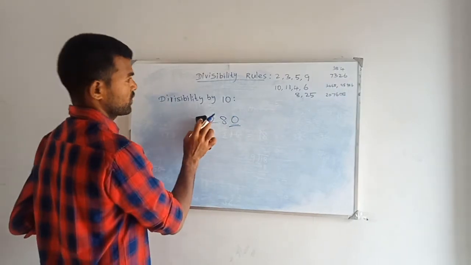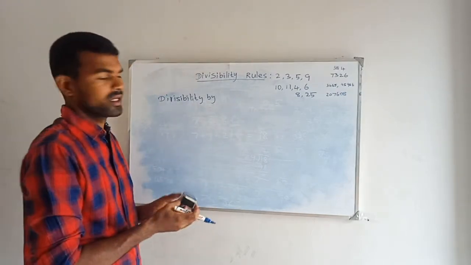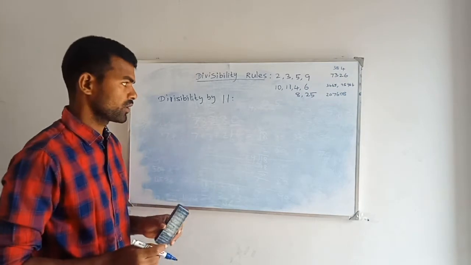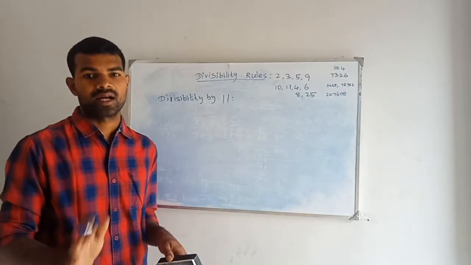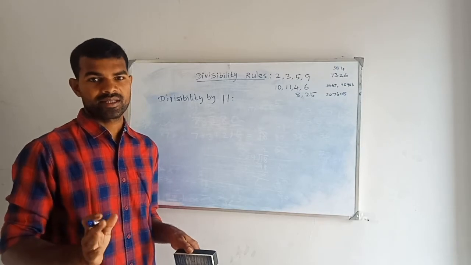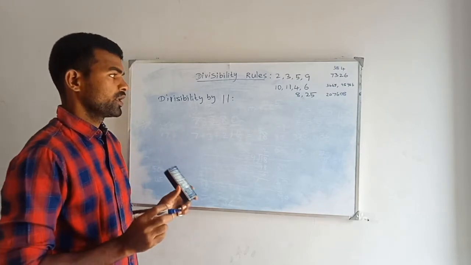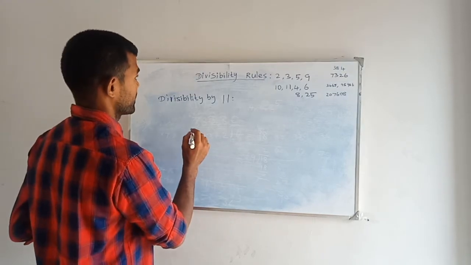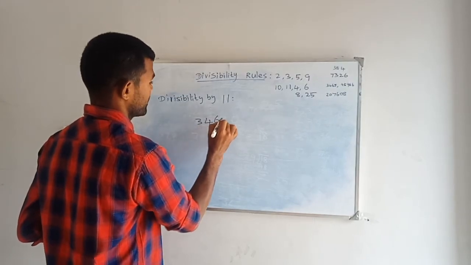Next rule, we are going to see the divisibility rule by 11. Whether the given number is divisible by 11 or not, we are going to check. For this, one rule is there. Let us take one number here, 3465.